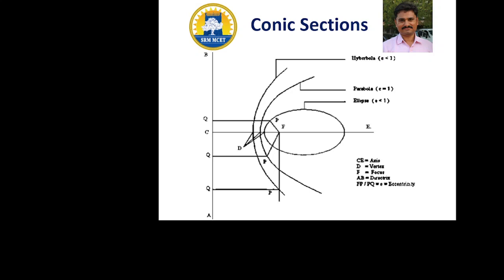So we get E equal to 1. If the curve is a hyperbola, the distance between the focus point and the directrix, when compared to the distance between the directrix and vertex, is high, that is eccentricity is greater than 1, and we get a hyperbola.